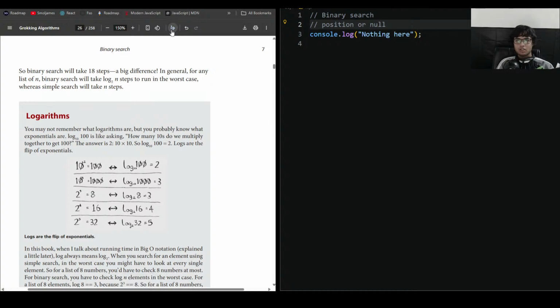So binary search will take 18 steps, a big difference.